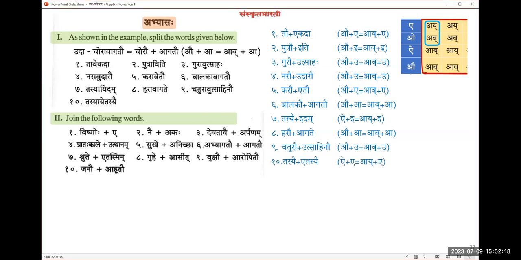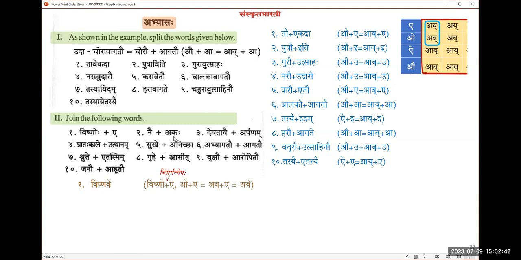So Vishnave. Actually there is a Visarga Lopa involved. I don't know that I should call it Visarga Lopa, but at least it is absent. Okay, Vishnave.